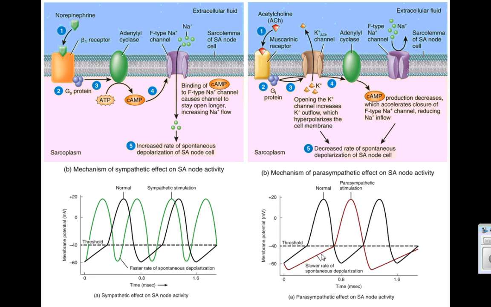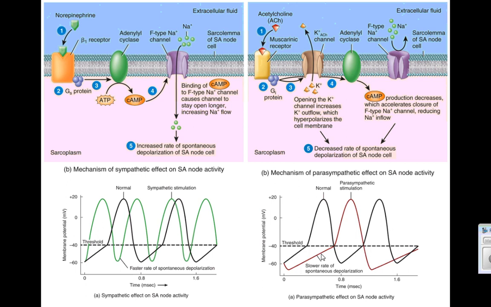Here's how it works. Over here on the left, when norepinephrine binds to receptors on the SA node, it means that the second messenger system is activated. Sodium flows in more often, therefore more pacemaker potentials are created. Therefore, the heart is contracted more often. Whereas over here, for parasympathetic, when acetylcholine binds to muscarinic receptors, two things happen.